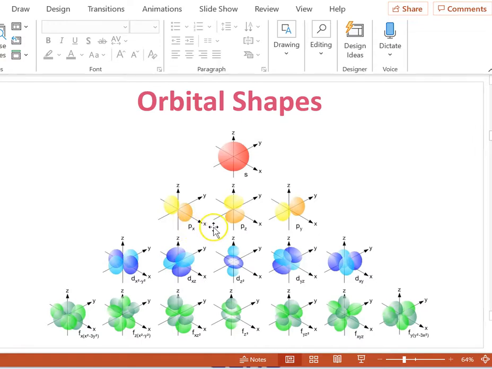Here we have P sub X. P they call like a dumbbell or barbell shape. P sub Z and P sub Y. Gets more complicated as we get down to the D and the F orbitals. So again, this is just the shape of the orbital, the region that we are most likely to find that electron.